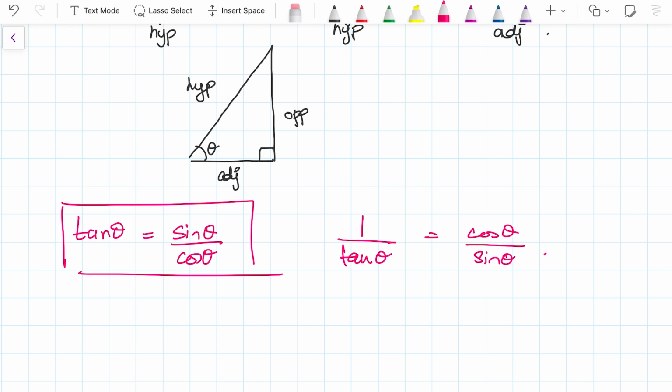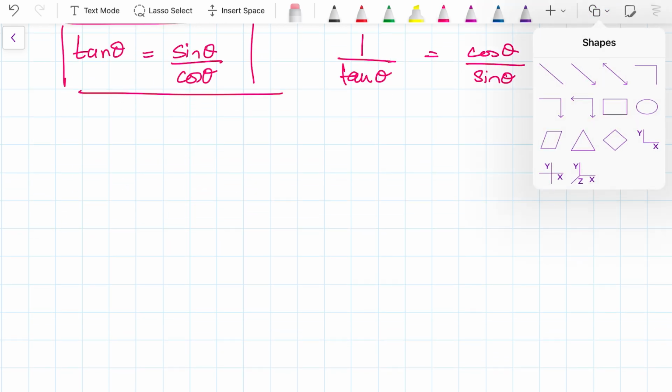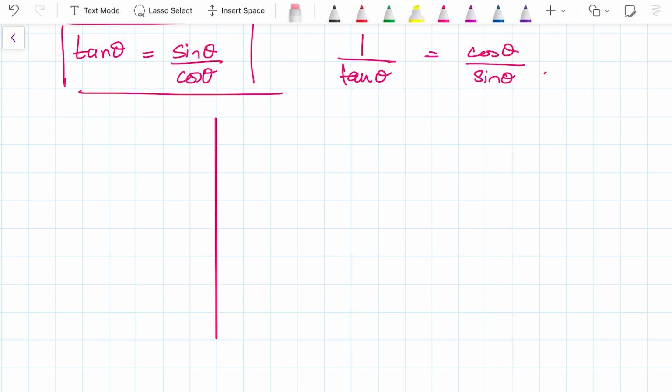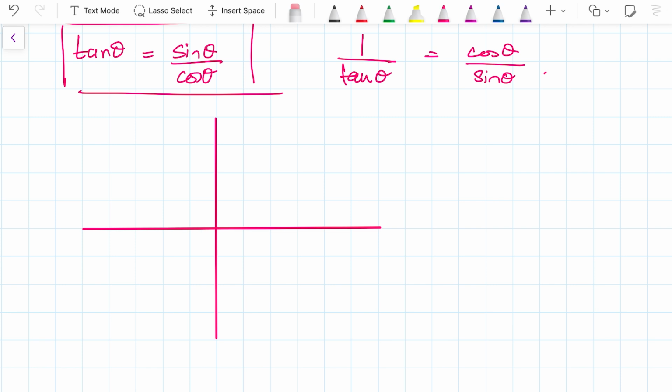Now, let's understand a couple more things regarding sine and cos. So this is called my first quadrant. 0, 90, 180, 270, 360. We always go in an anti-clockwise rotation. Okay? And this is also called the first rotation.